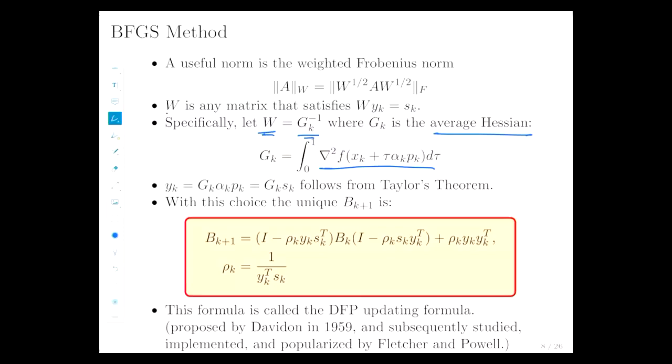Now, the most important contribution in designing the BFGS method, or here is the DFP method really, but these sort of methods, was the observation that for those Frobenius norms, we have to use a weighted Frobenius norm, and if we pick this particular weight, things suddenly become very easy. That was the contribution.